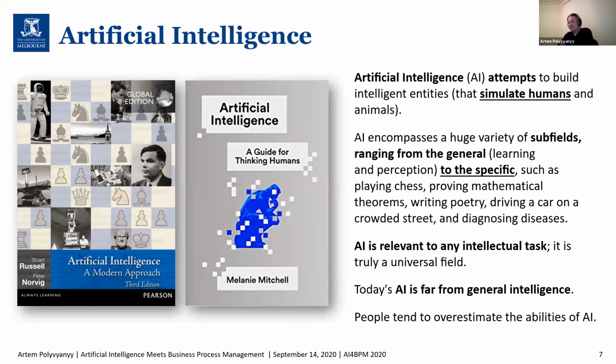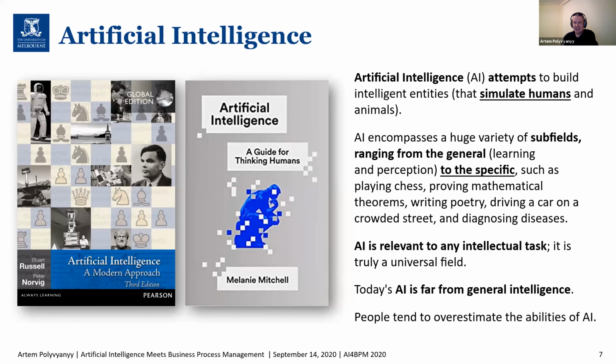AI is then a relatively new field in science and engineering, and it has its charm due to the nature of the problem it attempts to solve, right? It attempts to build these intelligent entities and systems that can simulate humans and animals, mainly their natural intelligence.